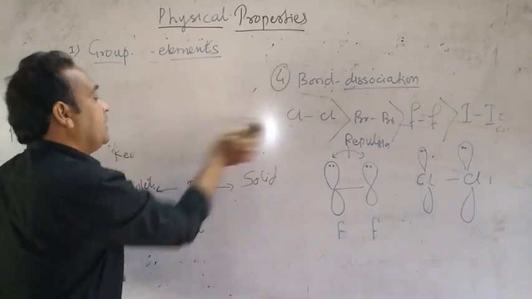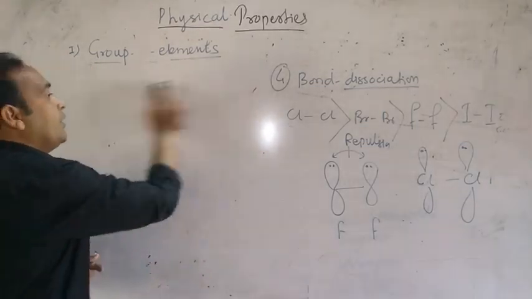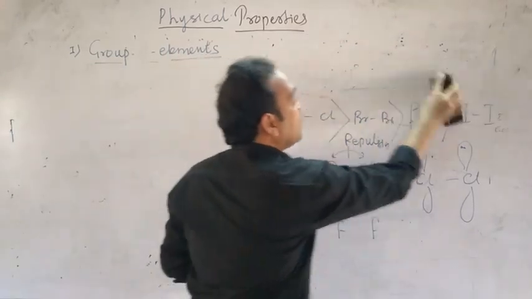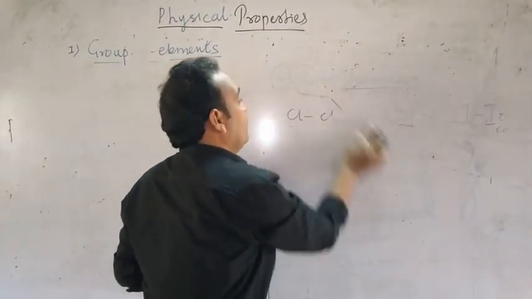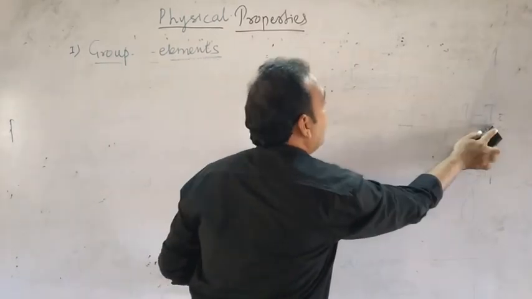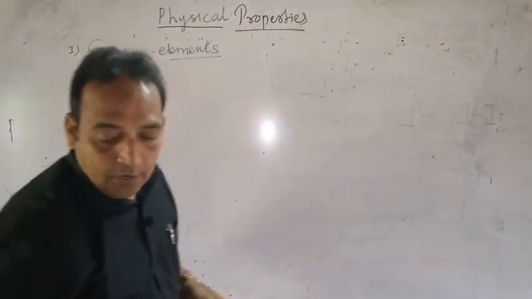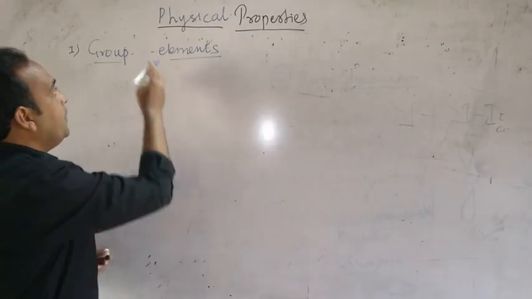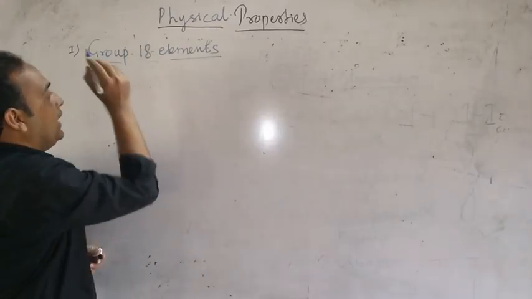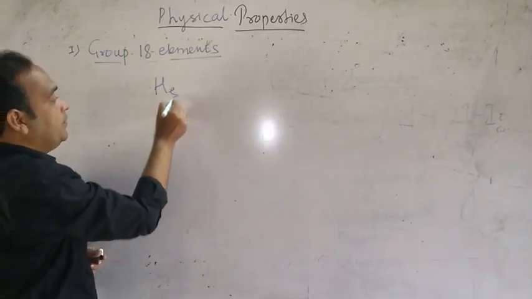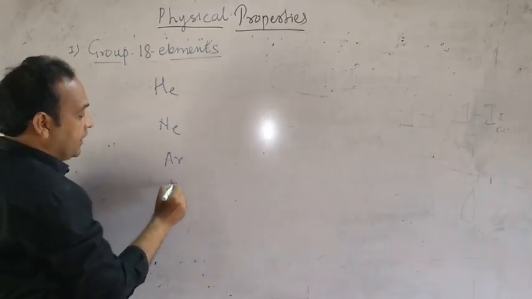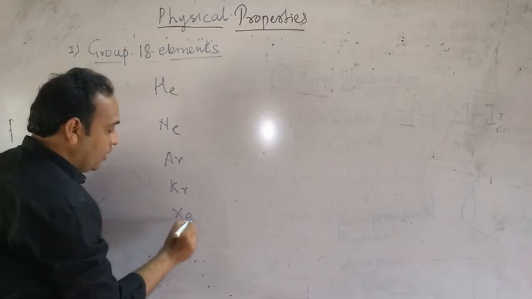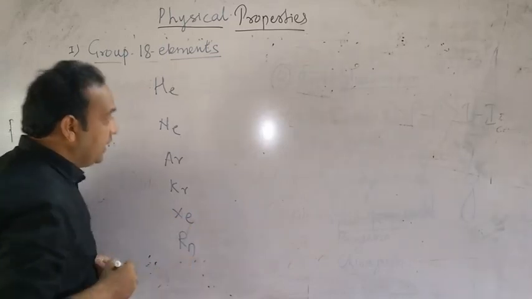Now the last part which we are going to discuss is physical property of group 18 elements. Group 18 elements are helium, neon, argon, krypton, xenon, and last one is radon.